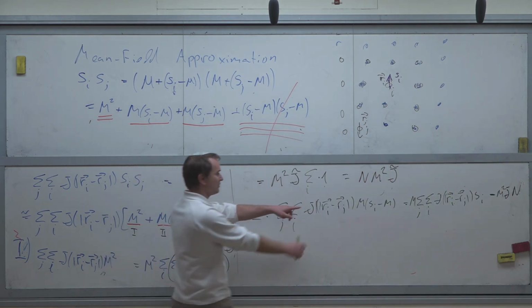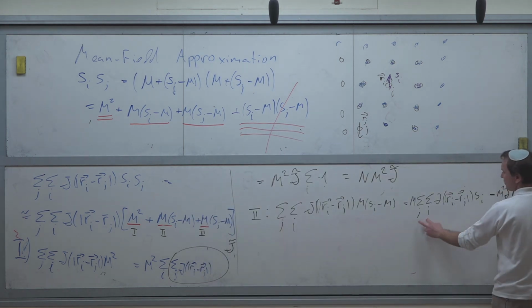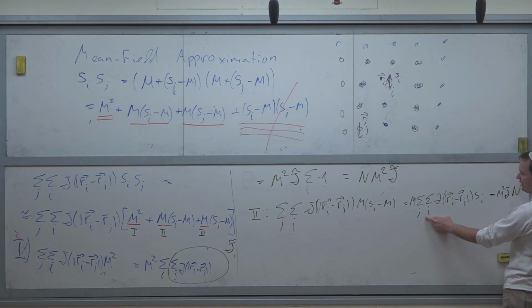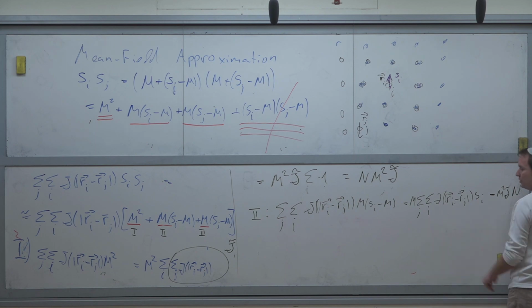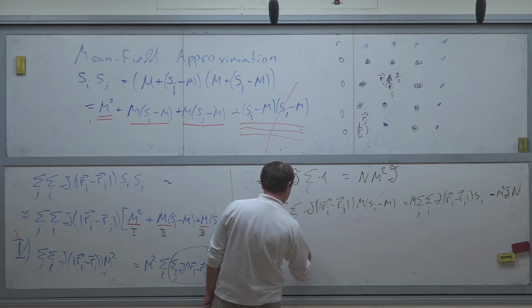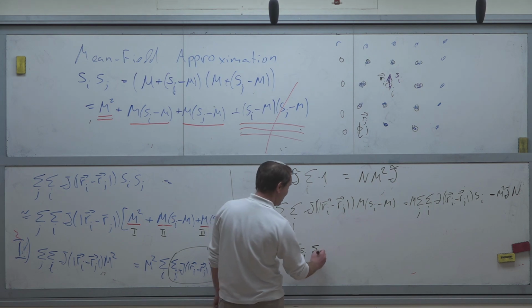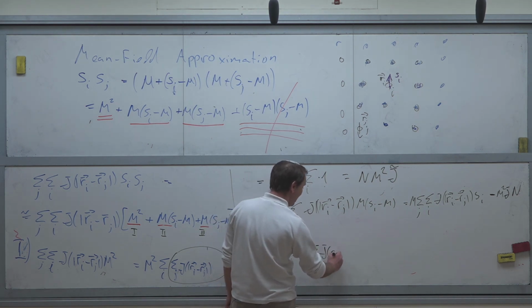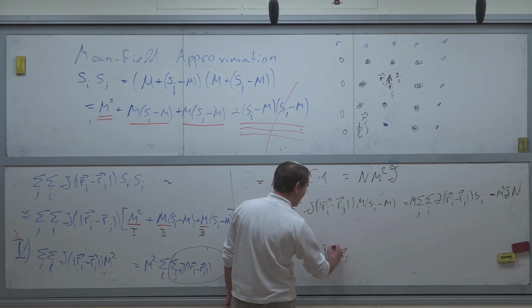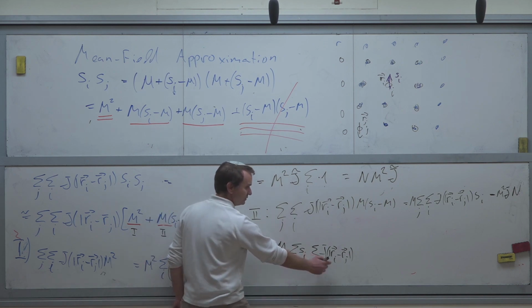The minus term came from this term multiplied by that term. Now I'm looking at this term: a summation over j, summation over i, j of Ri minus Rj, Si. The order of the summation is not important. So it equals m, a sum over i of Si, and here I have the summation over j of J, Ri minus Rj, and that's it. Now this is again J tilde.